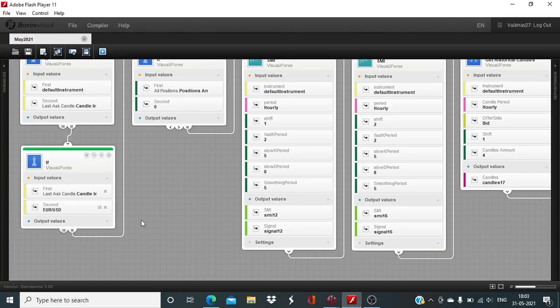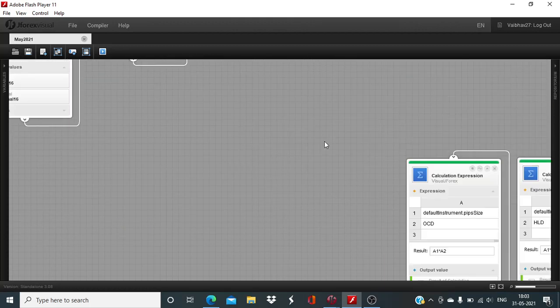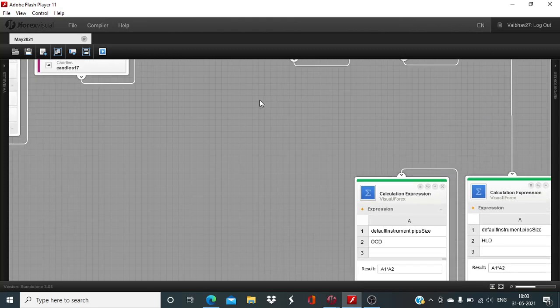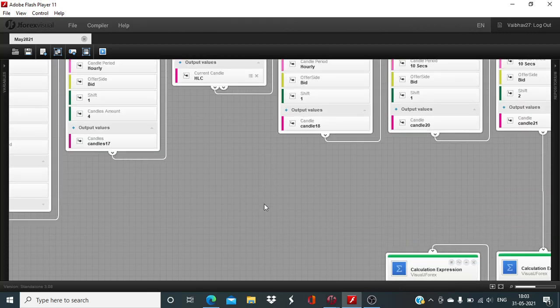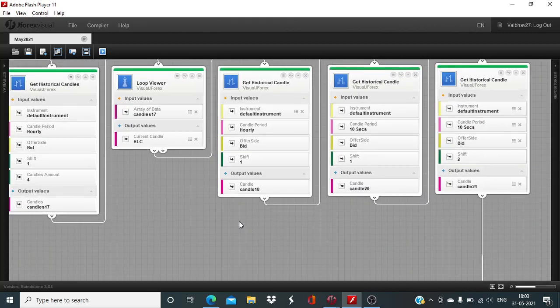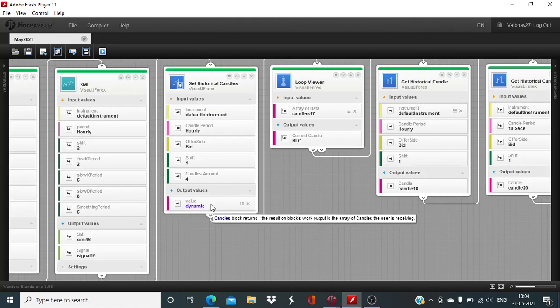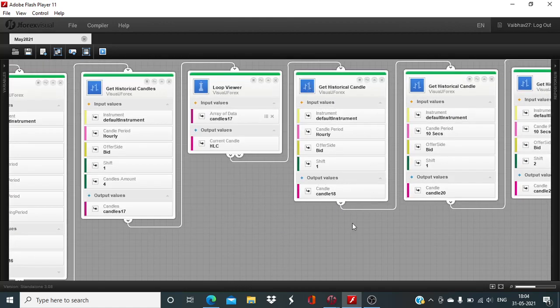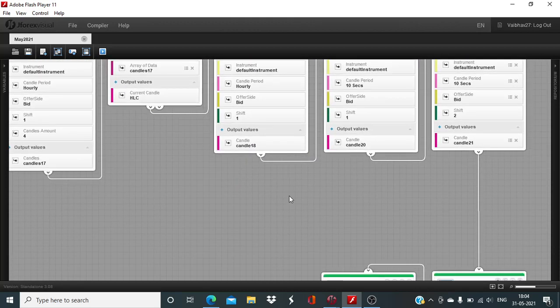Now to define this, we will have to get the if-else blocks, and also we will need to carry out some calculations to look at the actual difference between the last 4 hours high and the low value, and also for the last hour candle 18's closing and the opening price.